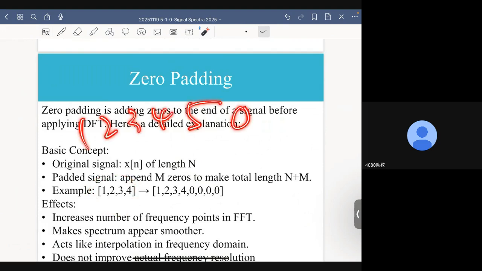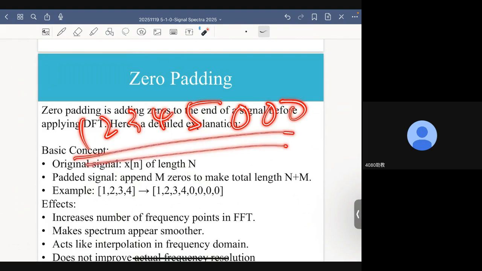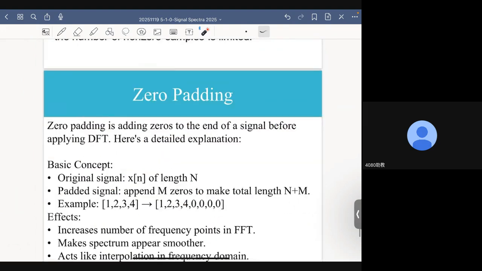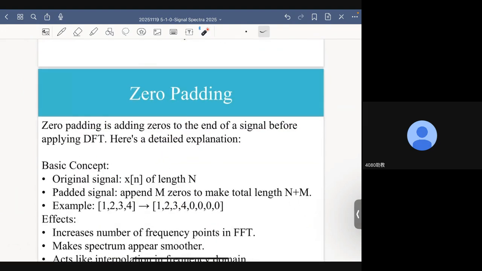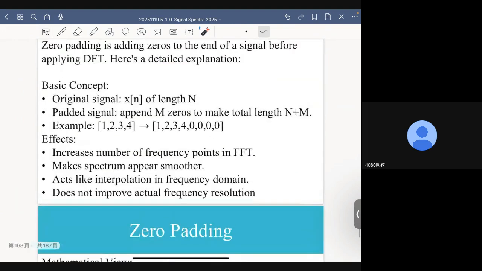I can always add 3 zeros behind it, so the number of data points becomes 2 to the power of 3. This operation is what we call zero padding. Zero padding is adding zeros to the end of the signal before applying DFT. Now, what is the effect of zero padding?